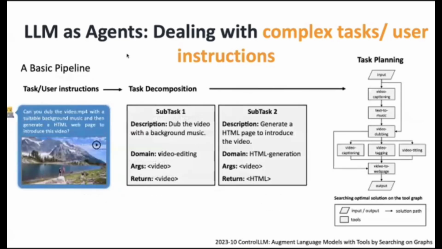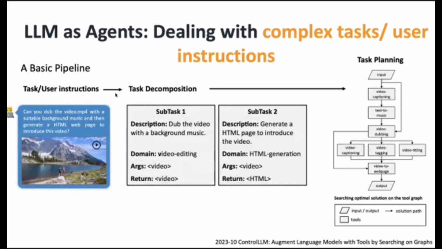And a basic pipeline for large language models as agents is like, firstly, we have user instructions, which may be a multiple model task. Like, can you dub the video with subtitle and background music, and then generate a web page to introduce the video.